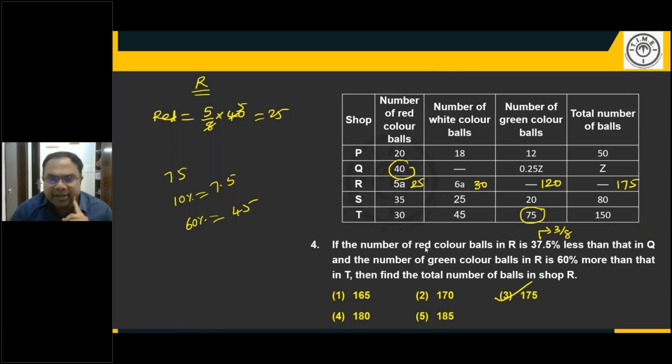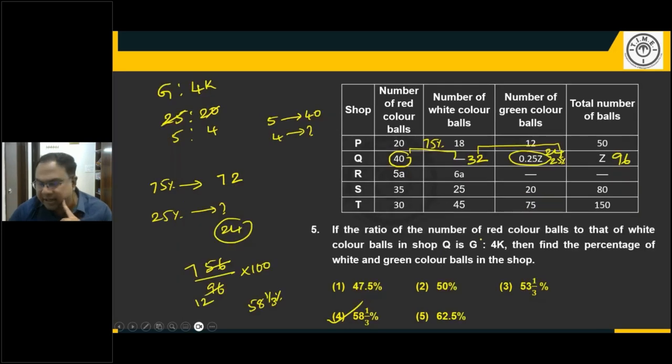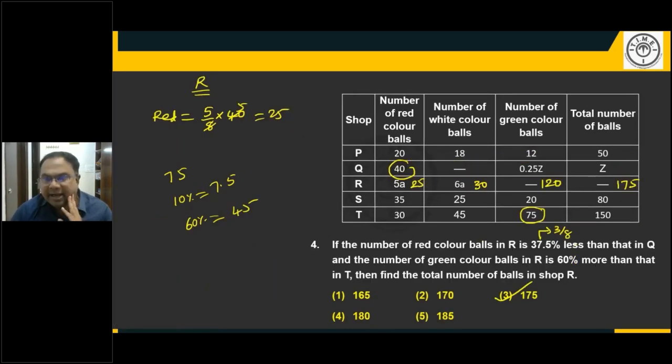Correct, ma. 25 is what? Number of red color balls. The number of red color balls is 3/8 less than Q. So 3/8 less means 1 minus 3/8. Red color balls are 5/8 of red color balls in Q. 5/8 of what? 40. 5/8 of 40 is 25. So these are 25, when these are 25, A is 5 now. This is 30.